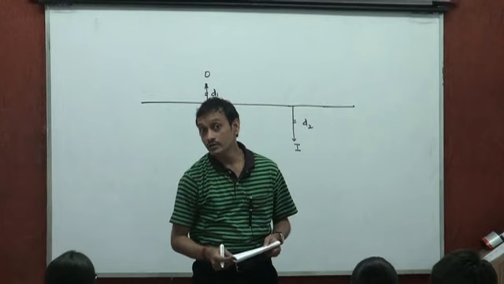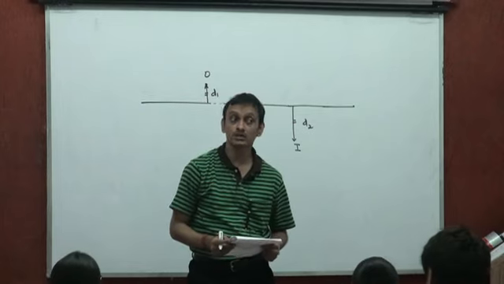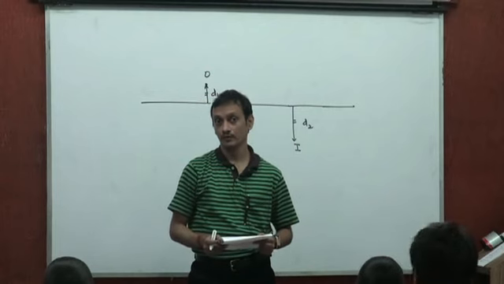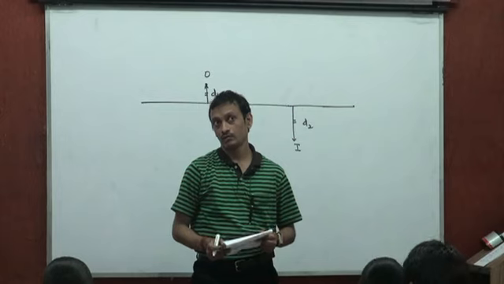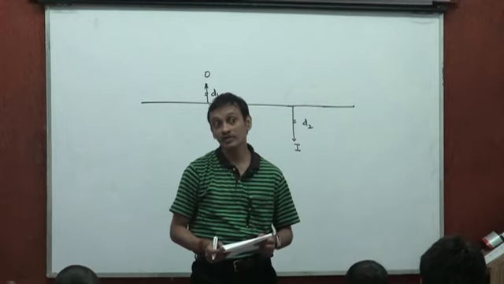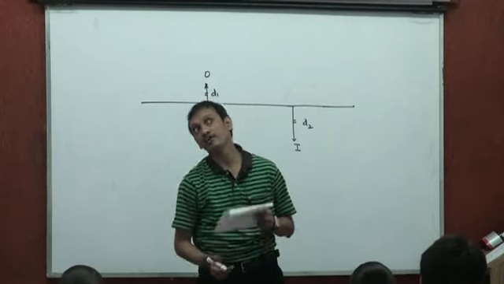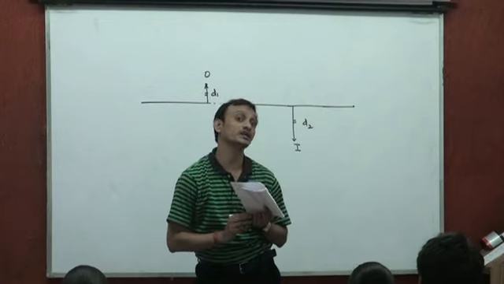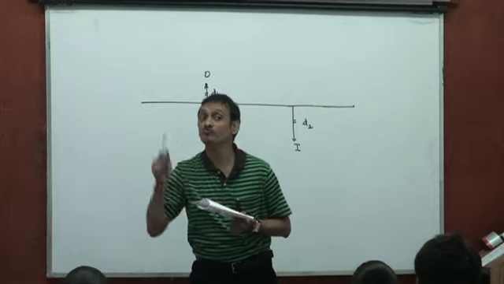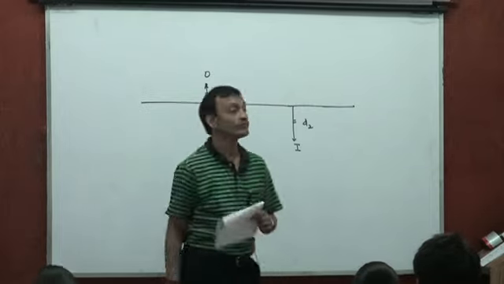And it's inverted, so it must be real. The mirror must be a concave mirror. And since it's magnified, image distance must be greater than the object distance, because D2 is greater than D1. So v has to be greater than u.